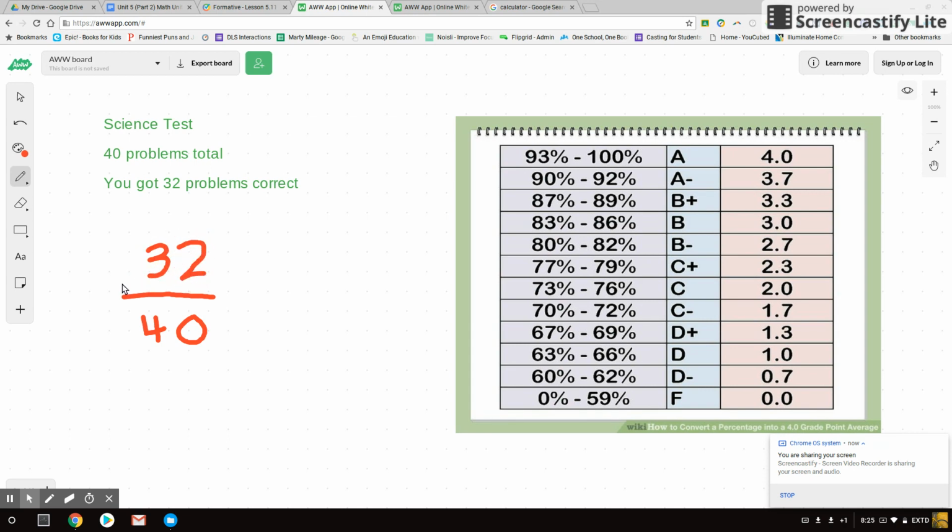We got 32 out of 40. When I work with percentages and fractions, I always use the fraction as an "out of." We can also think of this as a division sign. So to figure out our percent, we're going to take 32 divided by 40.